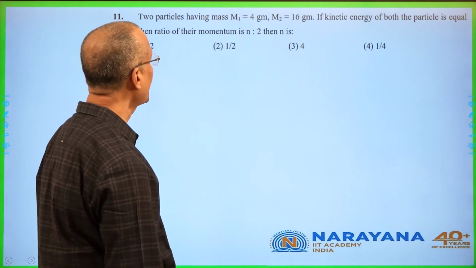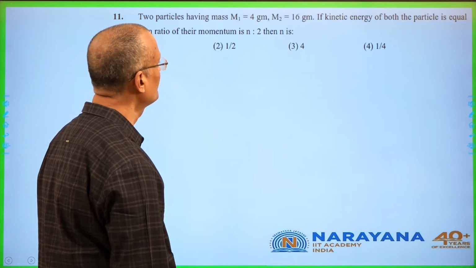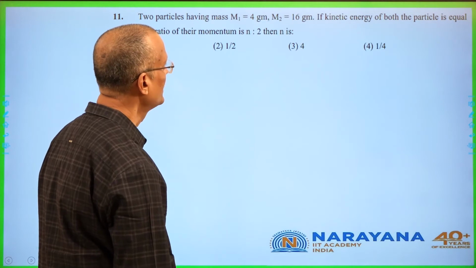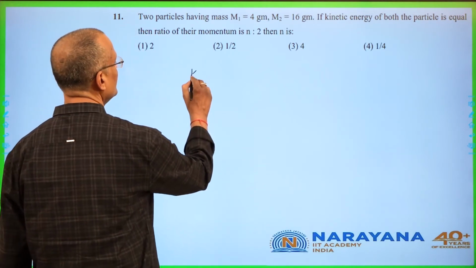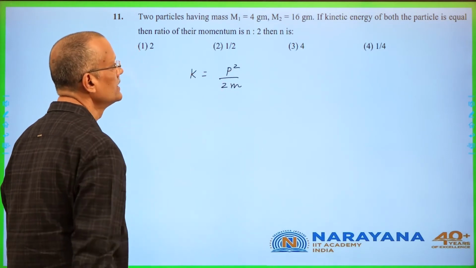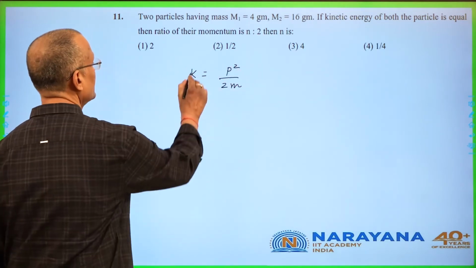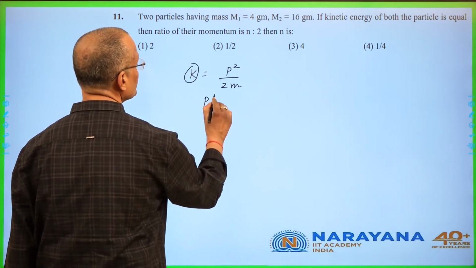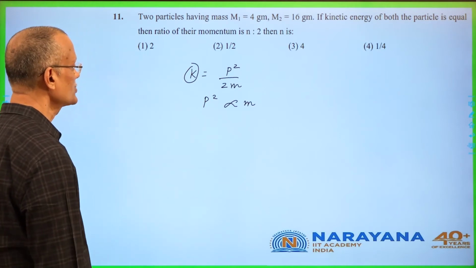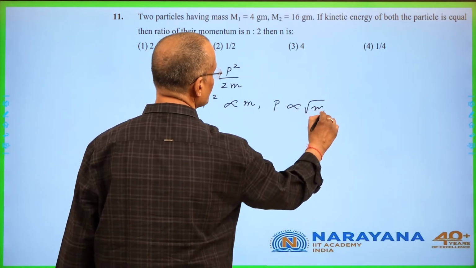Two particles having masses 4 gram and 16 gram. If the kinetic energy of both the particles is equal, they are asking the ratio of their momenta. Kinetic energy, you know, is P squared by 2m. They are telling you the kinetic energy of both particles is equal, meaning it is constant. So P squared is directly proportional to m, and P is proportional to root m.